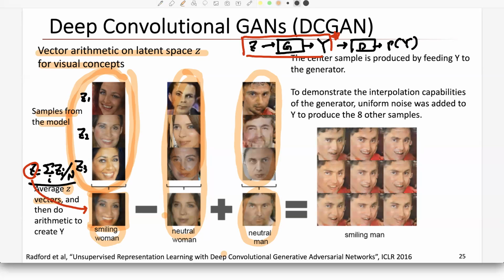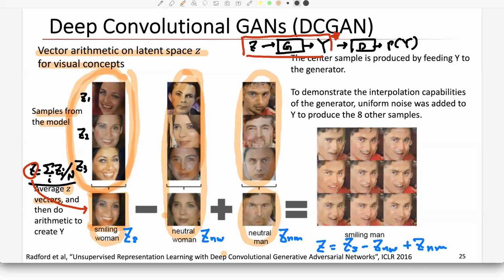Let me say this is ZS, the smiling woman case, and NW, the neutral woman case, and NM, the neutral man case, and we can make a new Z: ZS minus ZNW plus ZNM.